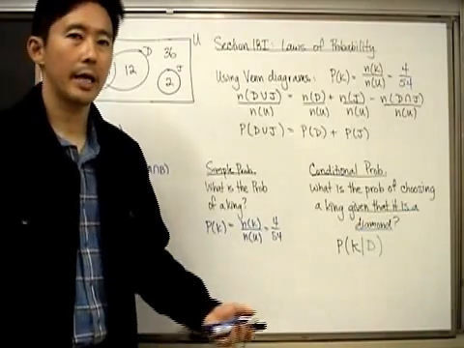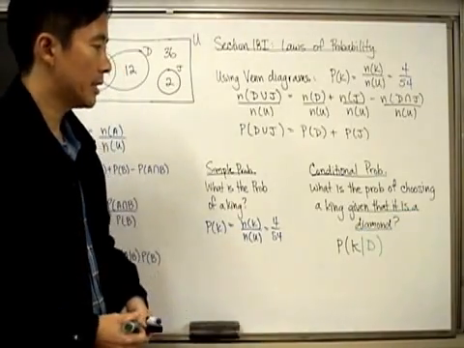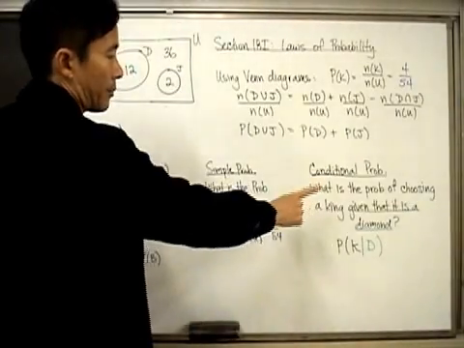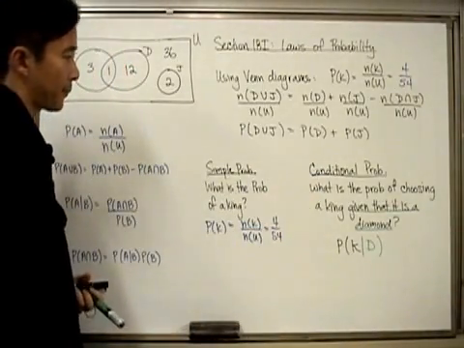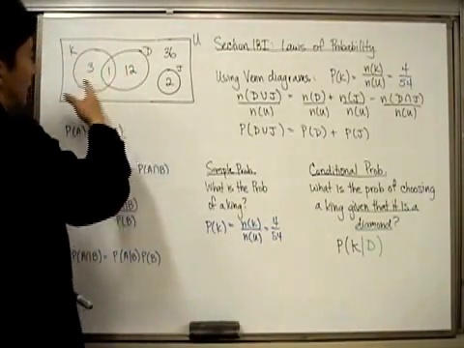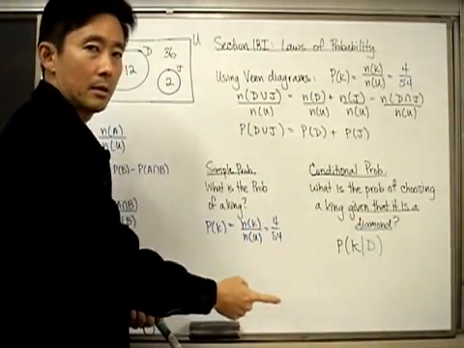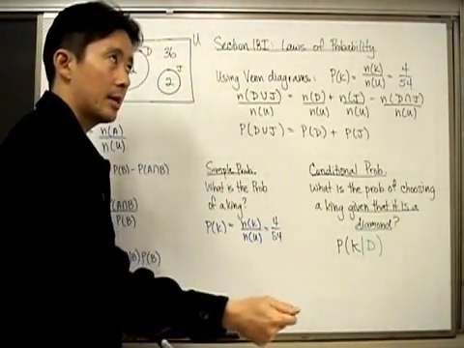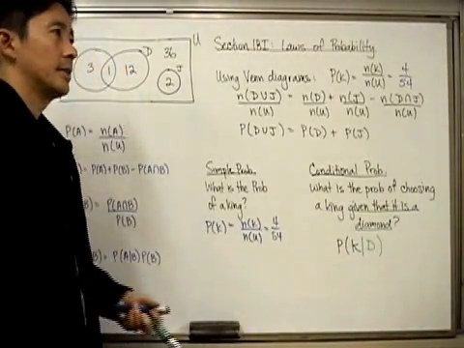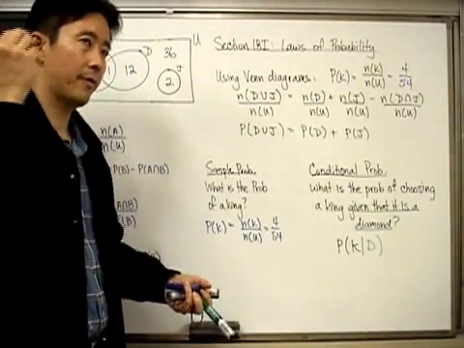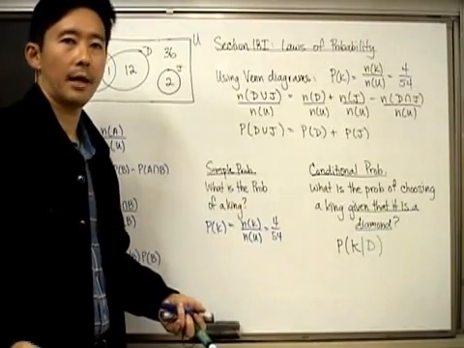Now, how do we actually determine what this is? If I think about what this is, it says, what is the probability of choosing a king? So I need to know that I'm choosing a king, but I know first of all that it is a diamond. So to a certain degree, I'm eliminating all the other cards except that I have only diamonds left.